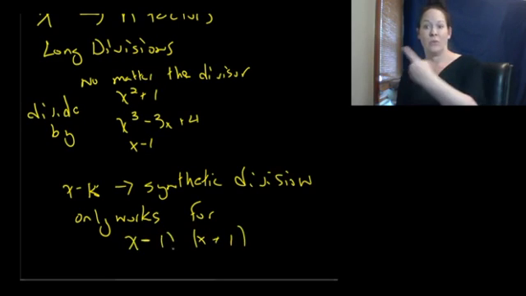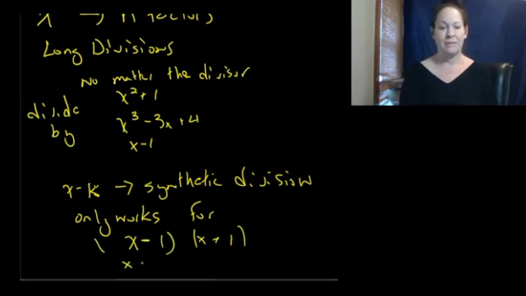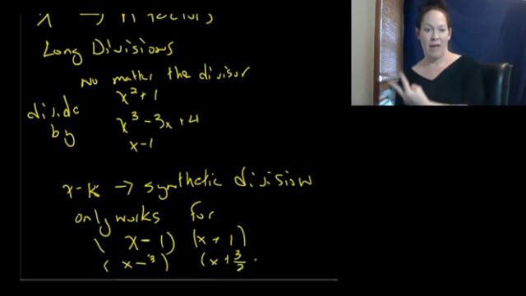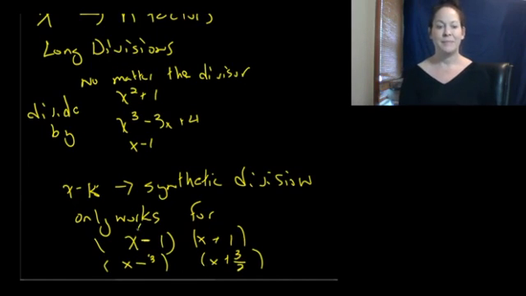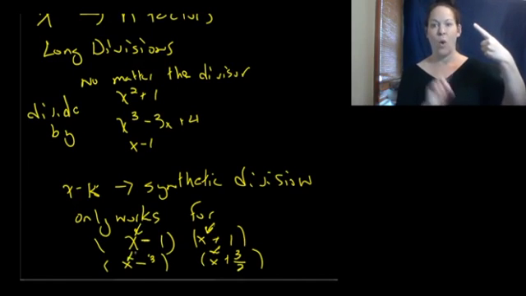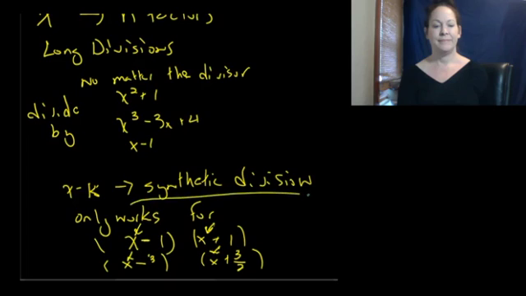It only works for things like x minus 3, x plus 3 halves, okay? These will all work because x is to the first power. And we're going to do synthetic division next time.